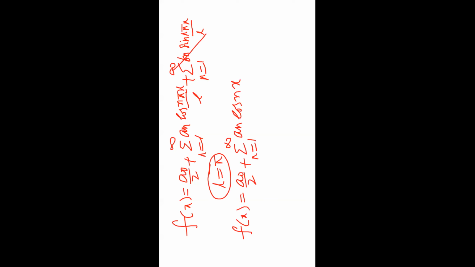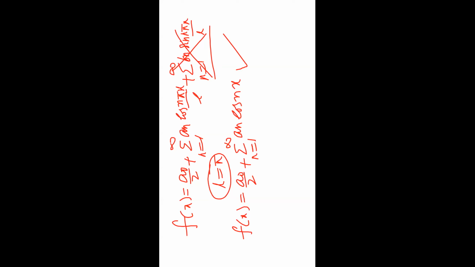So we didn't take the bn value because the given problem is an even or odd function, and we found f of x as even. In an even function, we have to calculate only the first half. That half means the a naught and an values. That's why I cancelled the bn value.